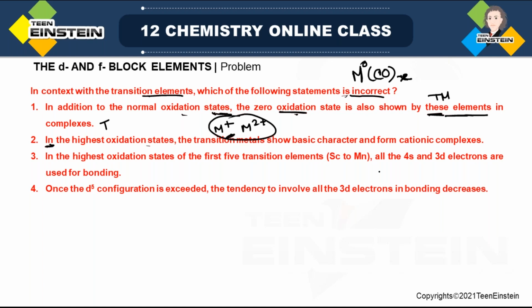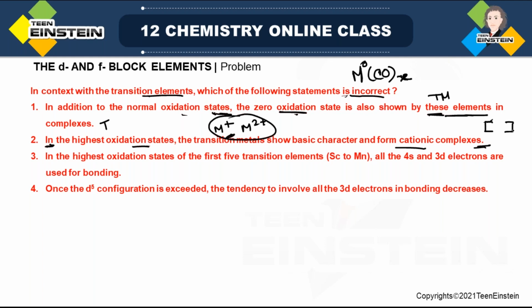And there is another part also in this statement. They will show basic character, that is not correct. It is also mentioned that they will form cationic complex. That means in higher oxidation state, they will form cationic complex. Now cationic complex means overall, if we consider the coordination sphere, outside there will be positive charge.